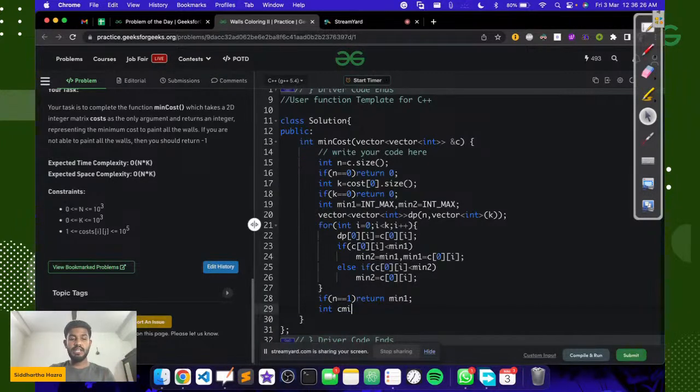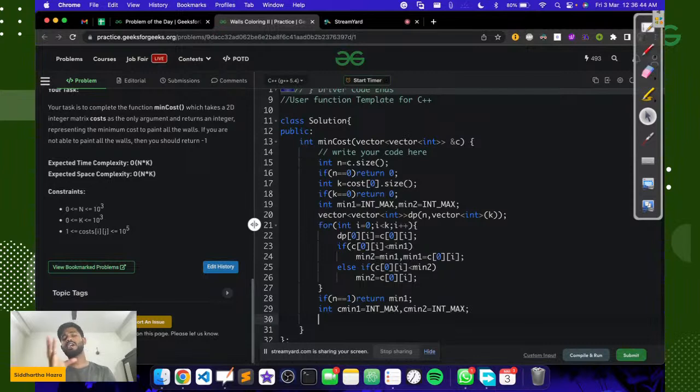We would say C of min1 is equal to again int max, comma, C of min2 is equal to int max. Okay. C of min1 is also int max, C of min2 is also int max.